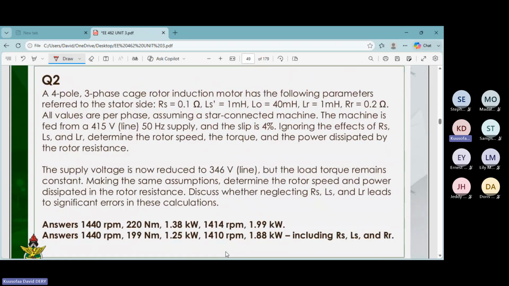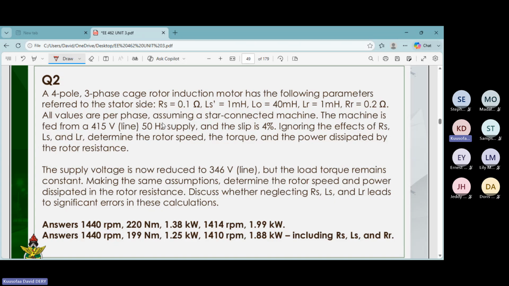So let's look at the next problem. It says a 4-pole 3-phase cage rotor induction motor has the following parameters referred to the stator side. RS is 0.1 ohm, LS is 1 millihenry, L0 is 40 millihenry, LR is 1 millihenry, RR is 0.2.